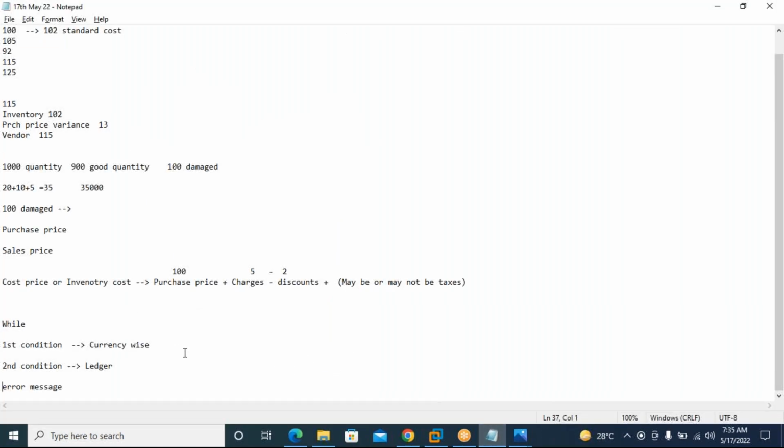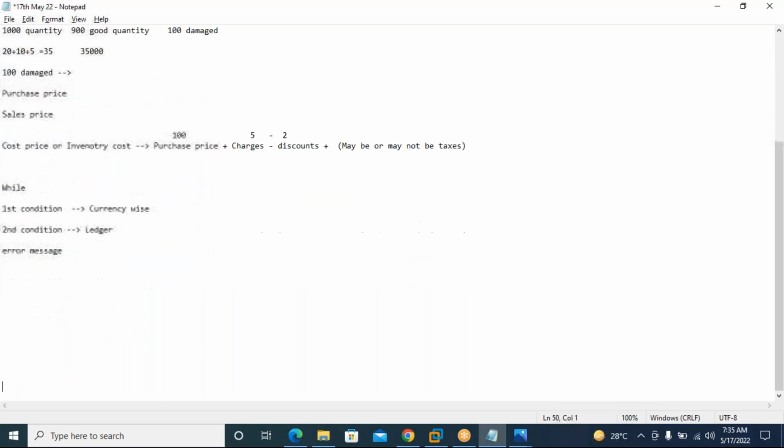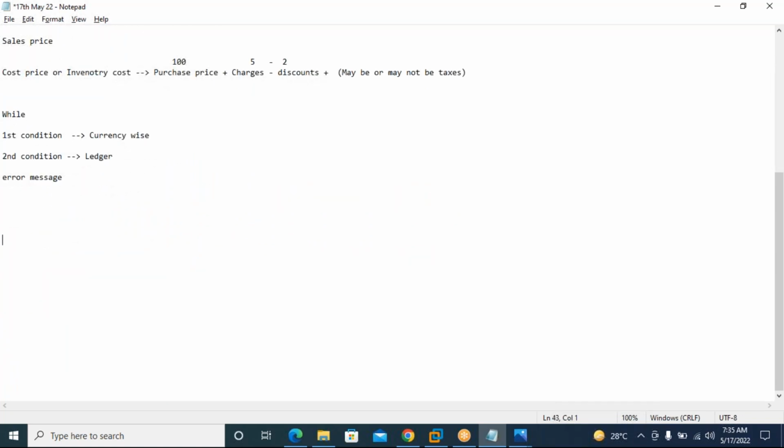Now let us understand foreign currency revaluation. Foreign currency revaluation, AP and AR both are the same.